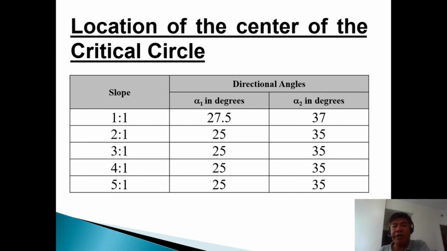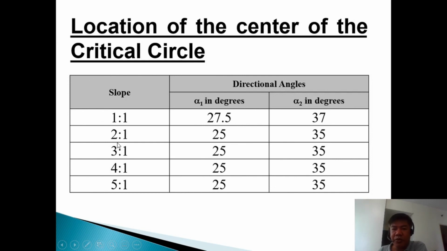So here is the table, with values for finding the location of the center of the critical circle. It is based on the slope. If the slope is 1 to 1, take note this is again horizontal to vertical, alpha 1 is 27.5 degrees and alpha 2 is 37 degrees.